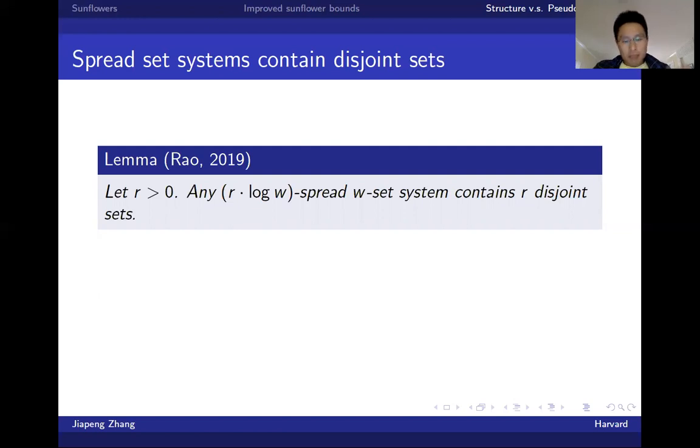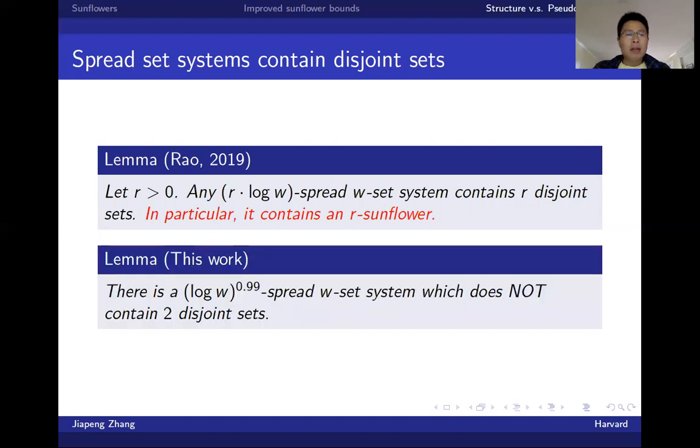So basically we use the spread to capture disjointness. In particular, it contains an r-sunflower, because if you get a bunch of pairwise disjoint sets, it's a kind of sunflower. On the other hand, in our paper we also proved this is almost tight.